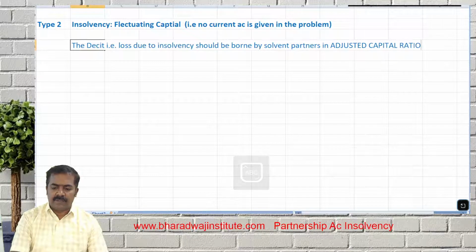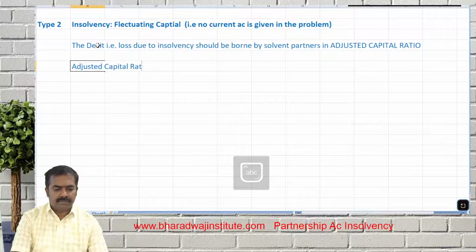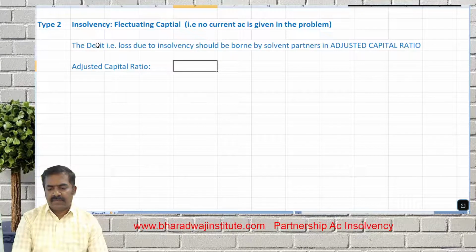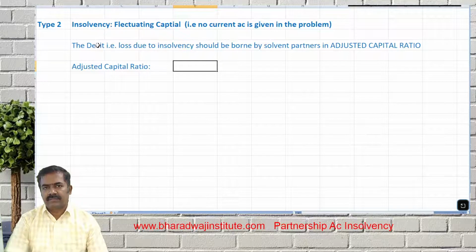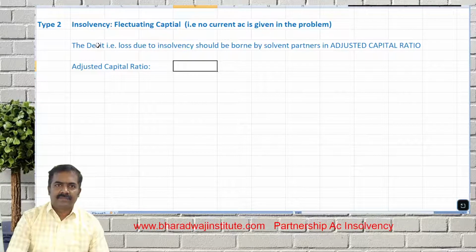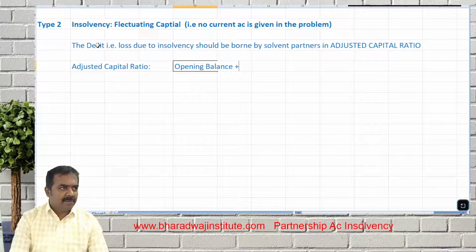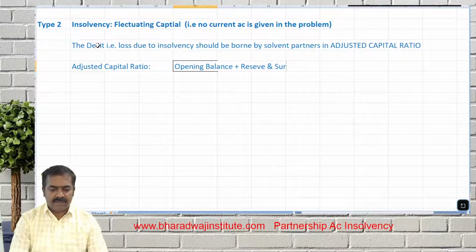Adjusted capital ratio. Sir, what is the meaning of adjusted capital ratio? Opening balance plus reserves and surplus.